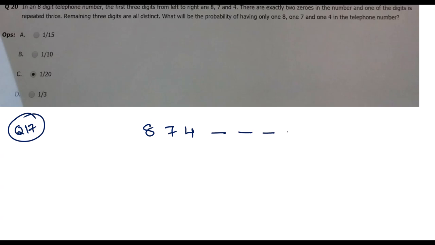Next, you still have 5 digits, an 8-digit telephone number. They said it's not 10 digit; they clearly said 8-digit telephone number. Now there are exactly 2 zeros in the number, and one of the digits is repeated thrice. The remaining 3 digits are all distinct.